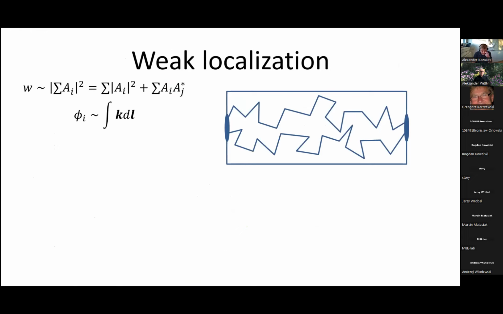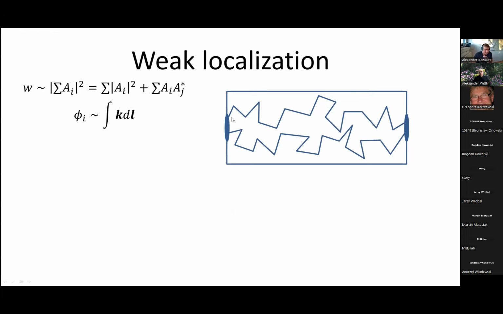Since I'm doing magnetotransport, I will go in a slightly different direction and discuss the weak localization phenomenon, which is a simple interference phenomenon. So let's consider the simple problem of passing a carrier from the left to the right.